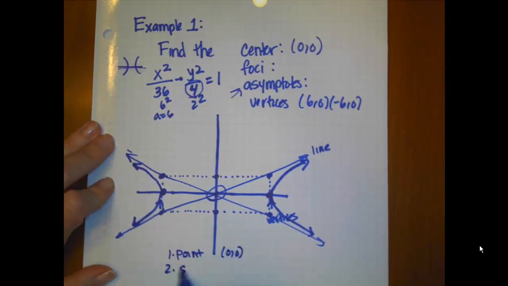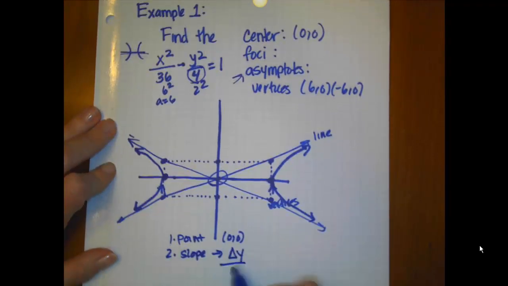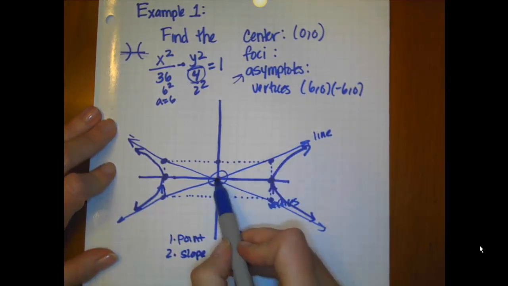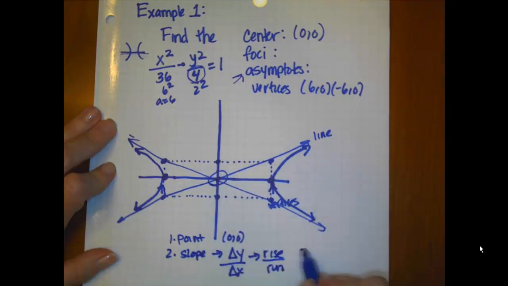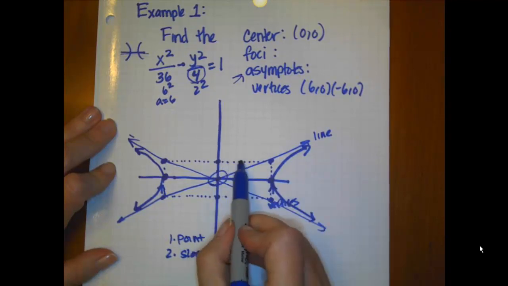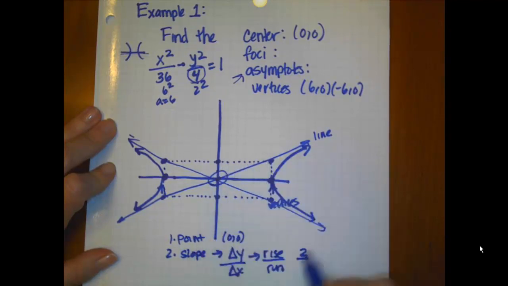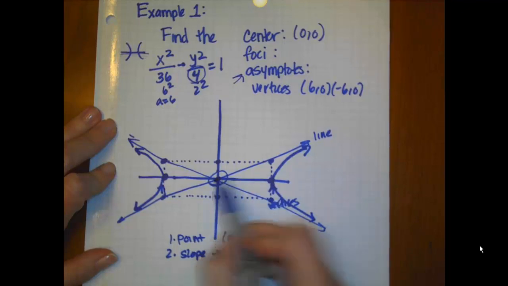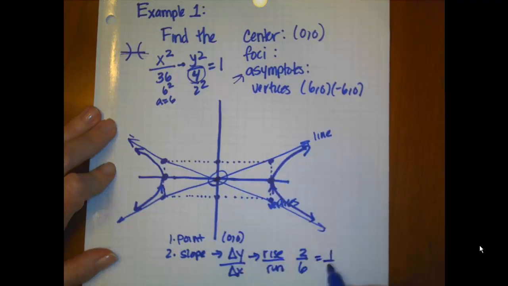And the second thing I need is a slope. Well, isn't the slope the change in y over the change in x? Or another way of thinking of it, it's your rise over your run. Well, from here, if I rise 2 and run 1, 2, 3, 4, 5, 6, that is the slope between those 2 points, which is 1/3.